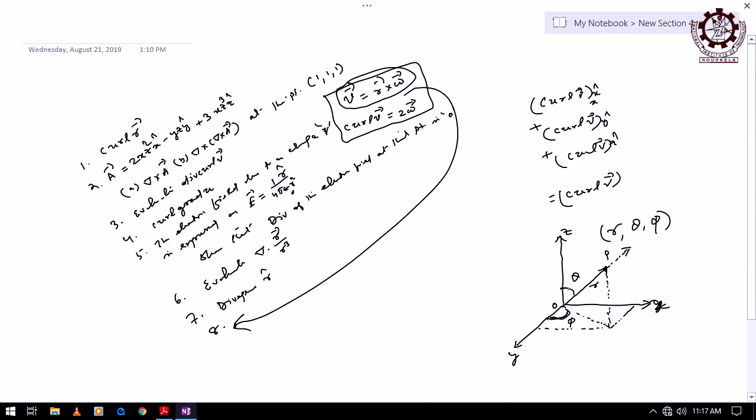So, this angle is phi, this angle is theta, and this distance is r. Here is the point P, right. And generally r is the position vector of that point, theta is the polar angle, and phi is the azimuthal angle.